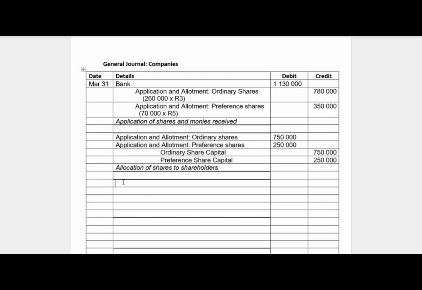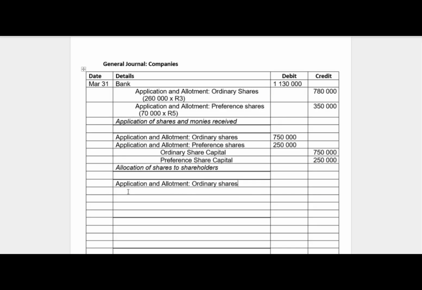So when we refund, we're going to debit application and allotment for ordinary shares, right?